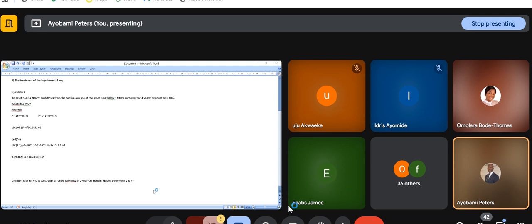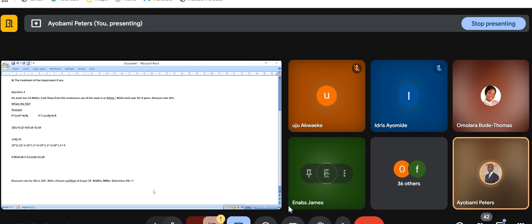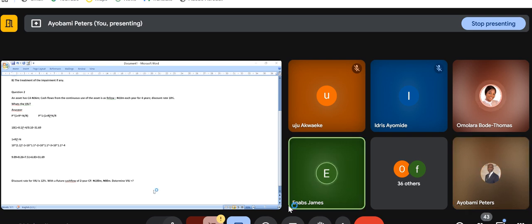Yes, sir. What is the formula for finding the present value of an asset? Not the annuity formula. One plus R raised to power minus N. Thank you very much. I'm giving you 1 mark for that. Please claim it.